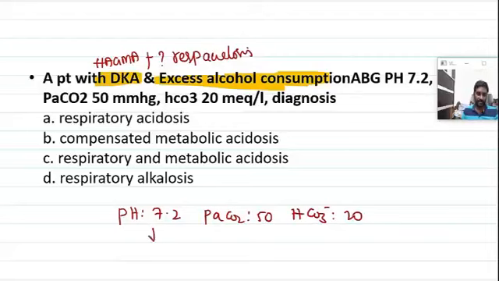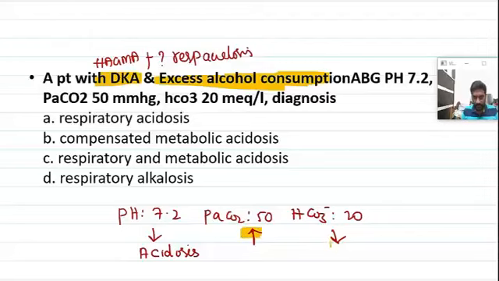So pH is reduced, PaCO2 is increased, bicarbonate is reduced. Any decrease in pH anywhere is acidosis. Now the question is whether this is a metabolic acidosis or respiratory acidosis. Now if you see this, there is something peculiar.